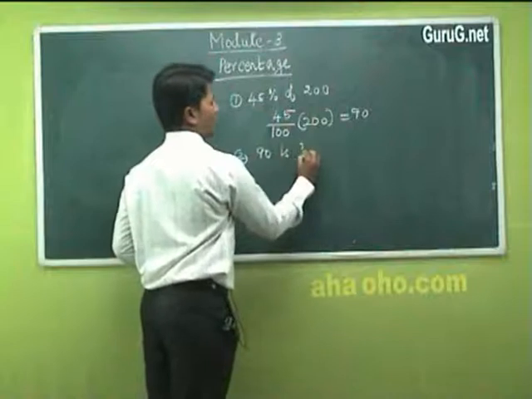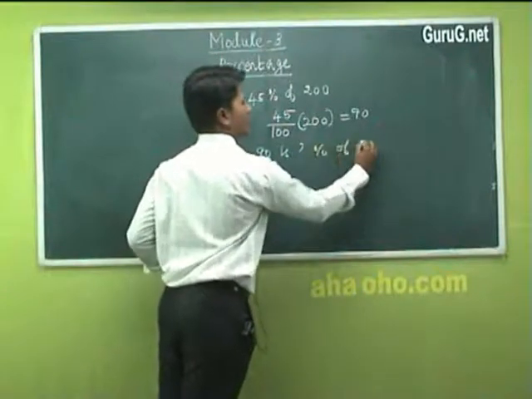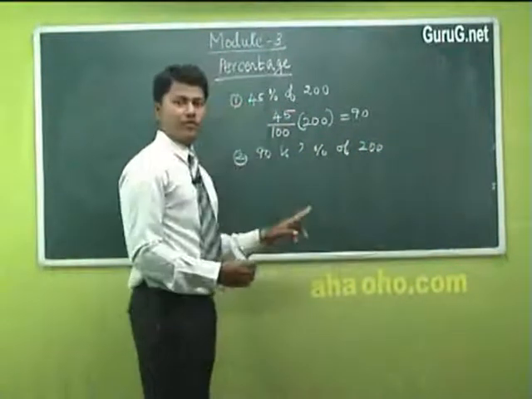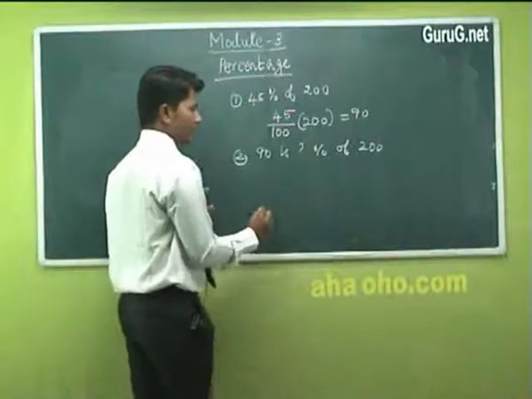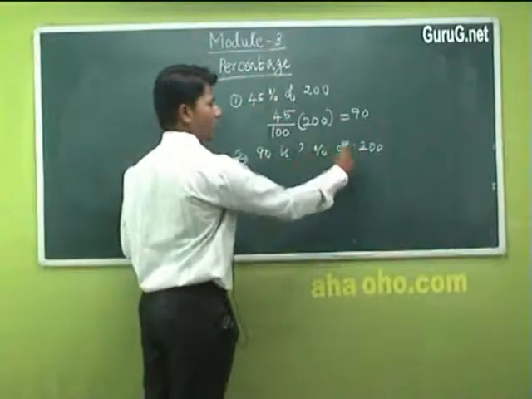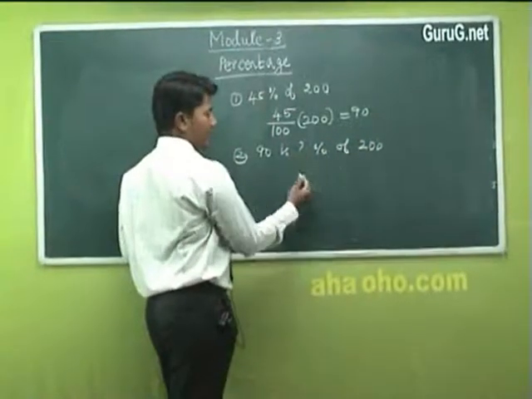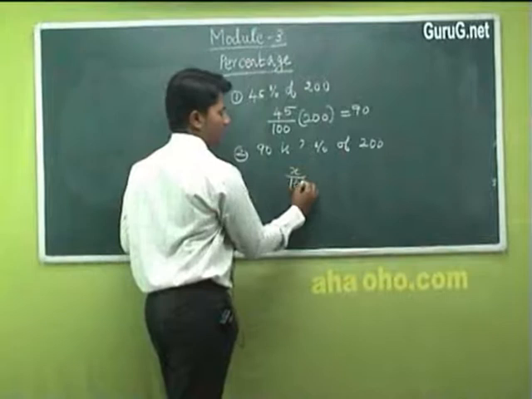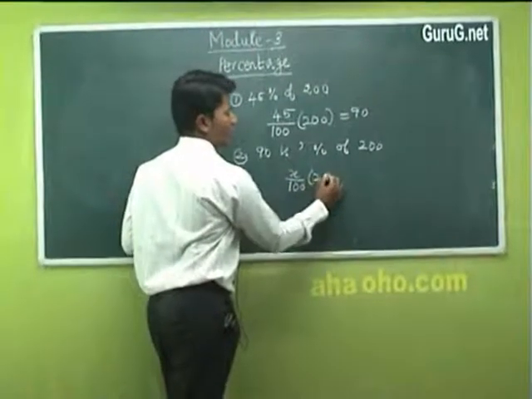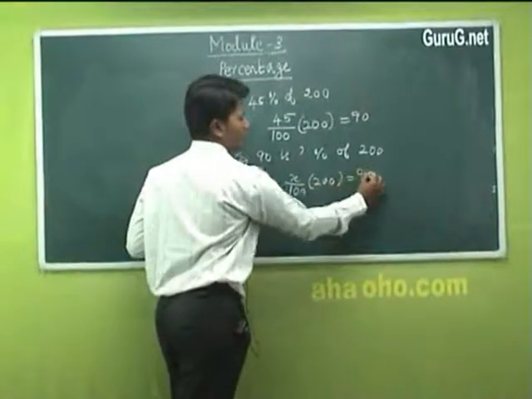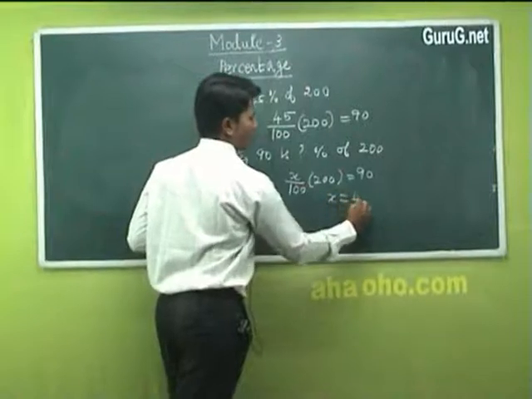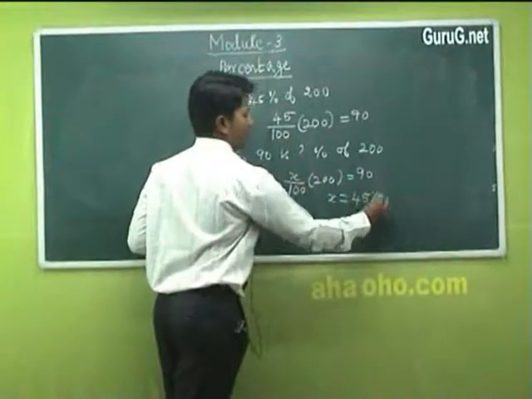How will you find this? You don't know the percentage value, keep it as x. x by 100 of 200 is equal to 90. So x is 45. Fine.